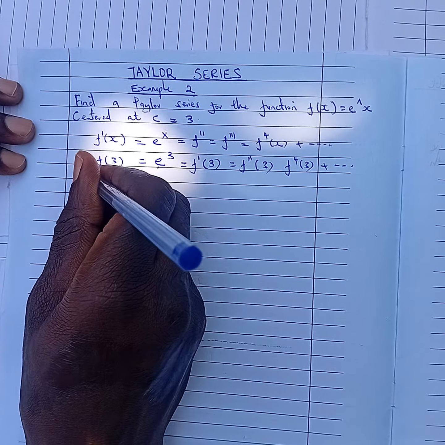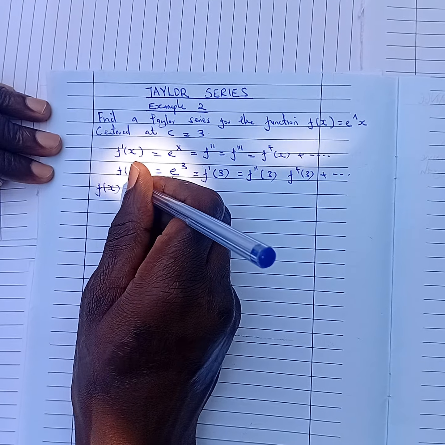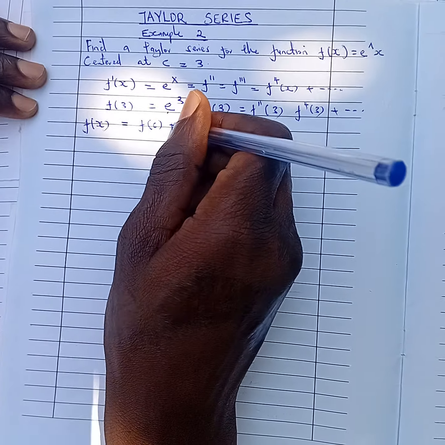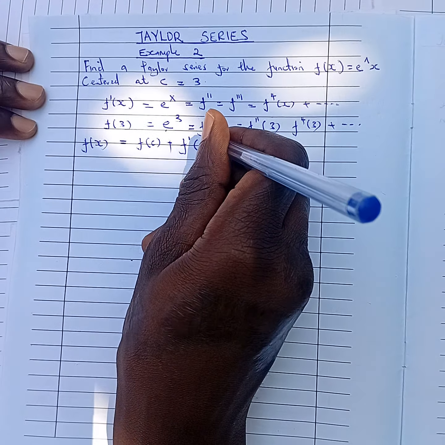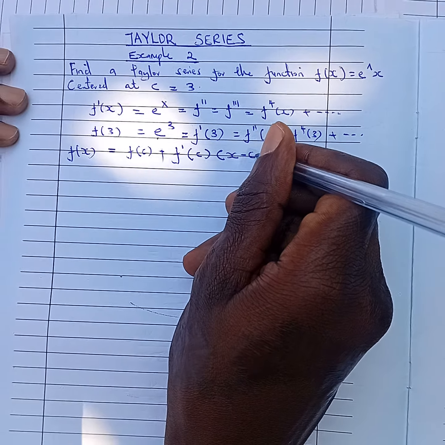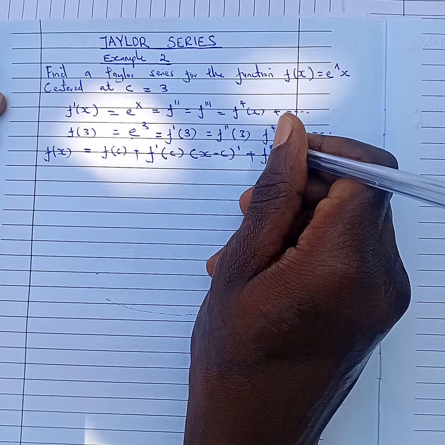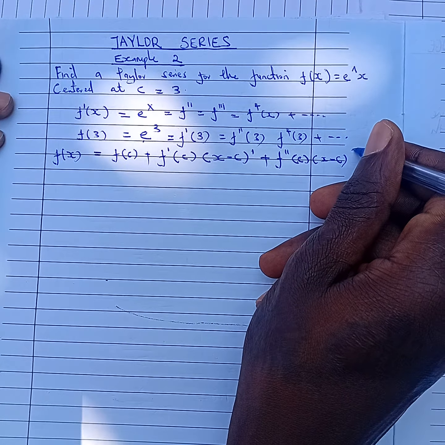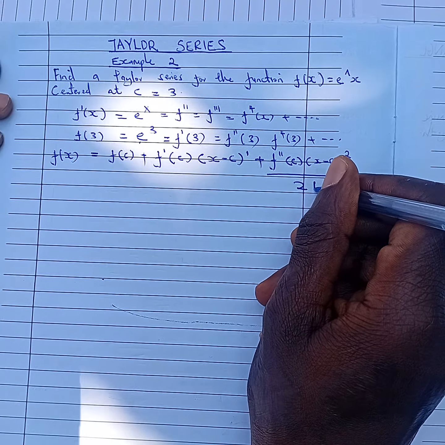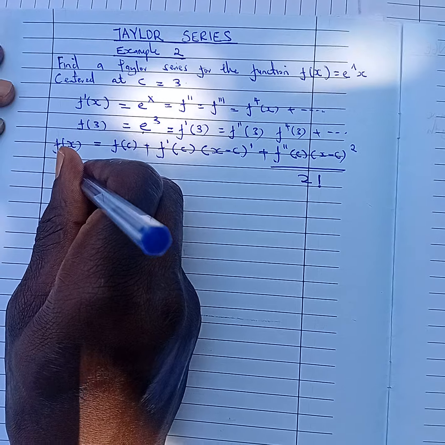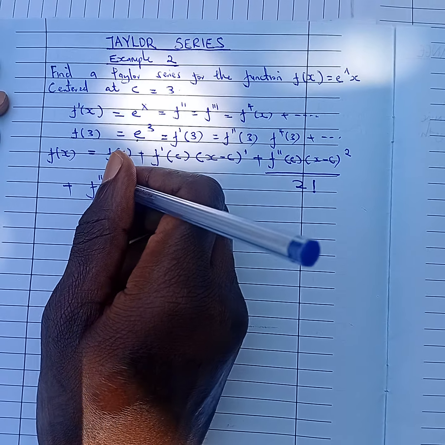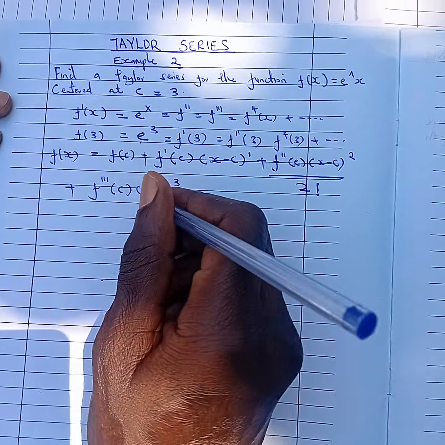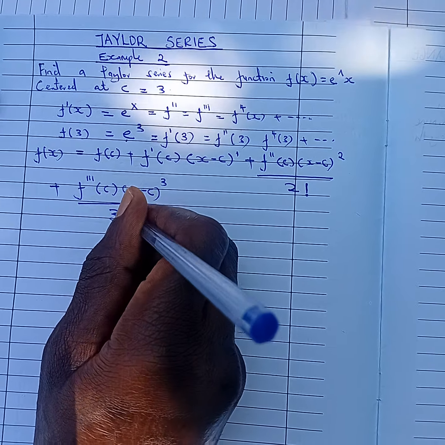Now, in Taylor series, f of x is equal to f of c plus f prime of c into x minus c raised to the power 1, plus the second derivative of f at c into x minus c squared over 2 factorial, plus the third derivative of f at c into x minus c raised to the power 3 over 3 factorial.